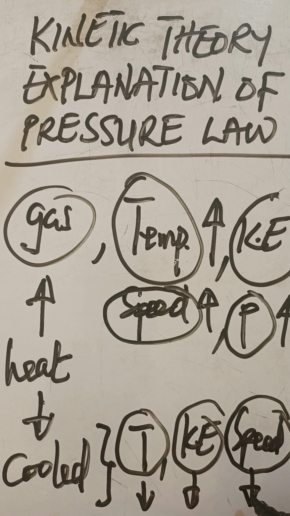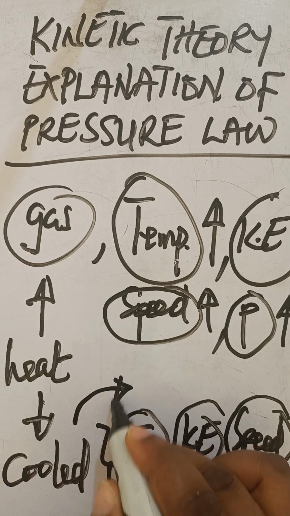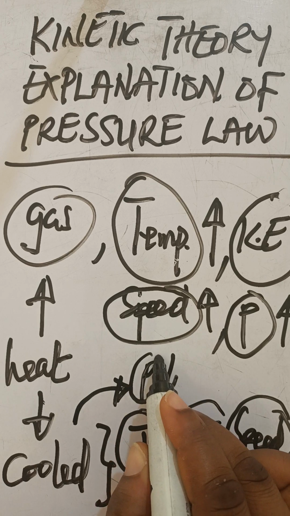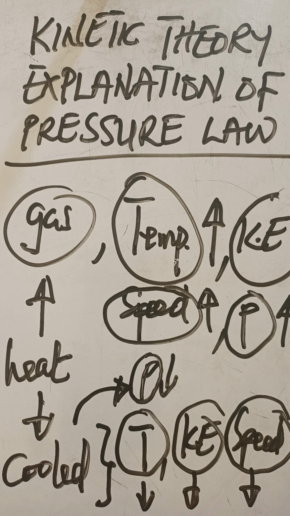When all these decrease, the number of effective collisions against the walls of the containing vessel will also decrease, and the pressure will also decrease. Finally, the pressure will decrease. And this is basically the kinetic theory explanation of the pressure law.